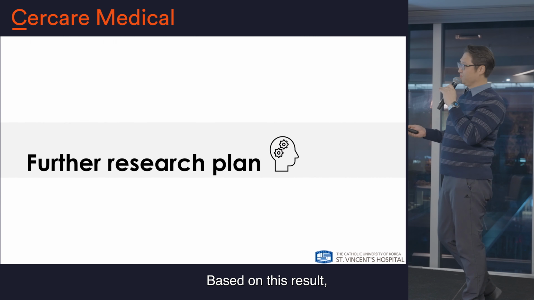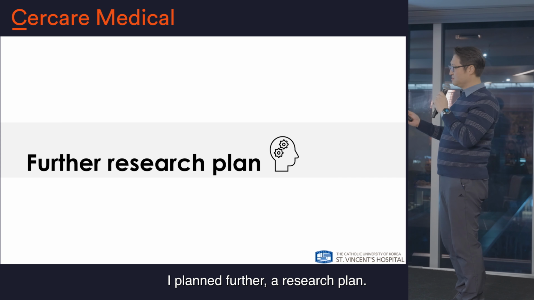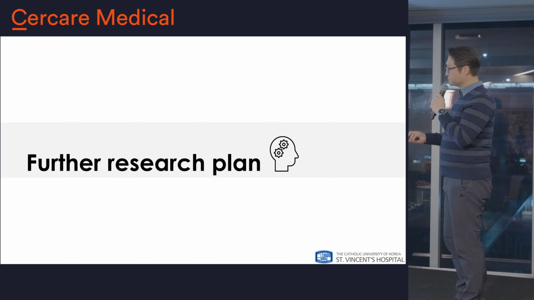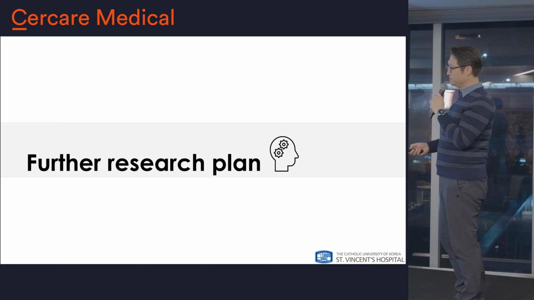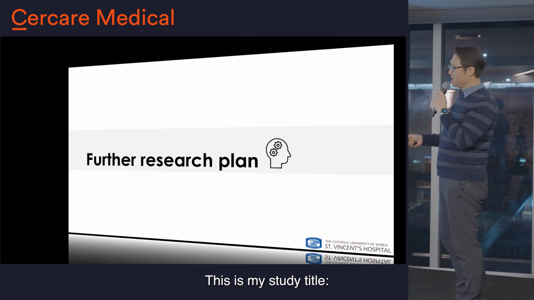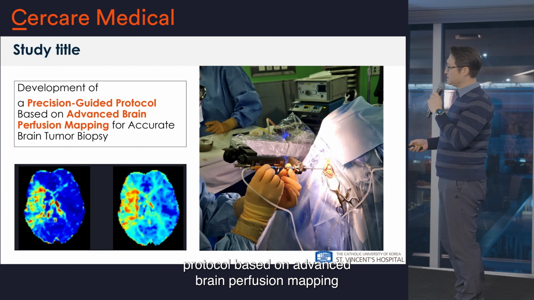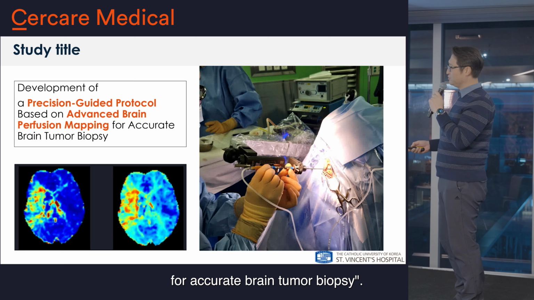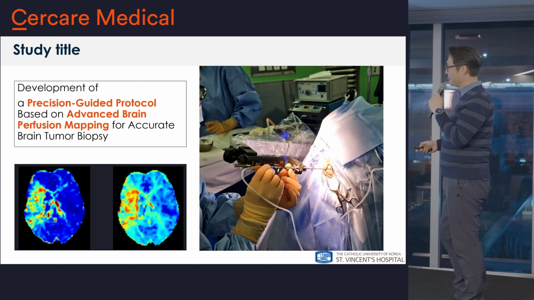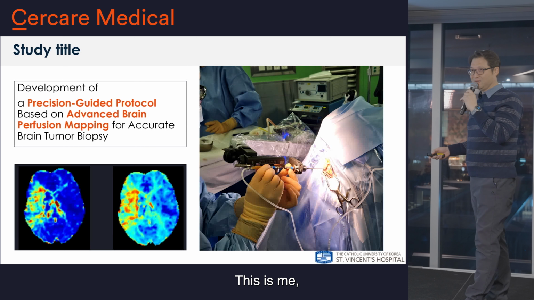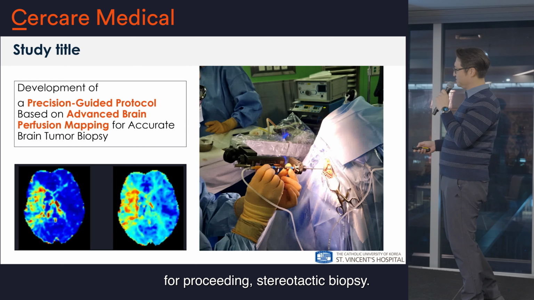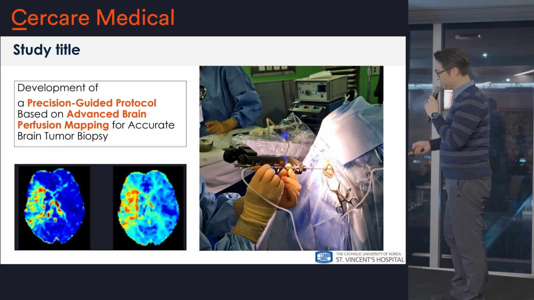Based on this result, I planned a further research plan. This is my study title: development of precision guide protocol based on advanced brain perfusion mapping for accurate brain tumor biopsy. This is me proceeding with stereotactic biopsy.